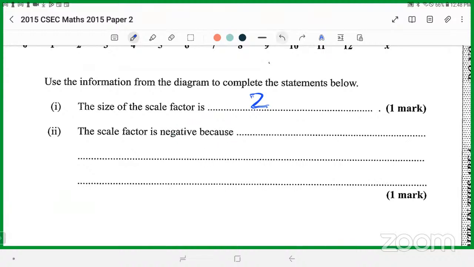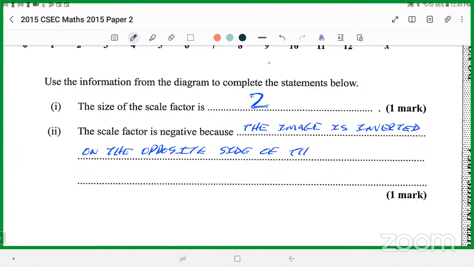Why is the scale factor negative? I'm going to say the image is inverted on the opposite side of the center and pointing in the opposite direction.